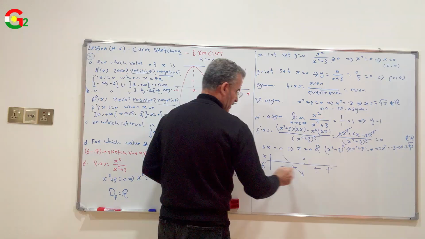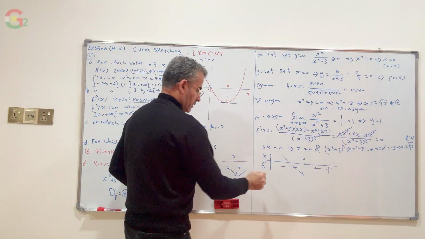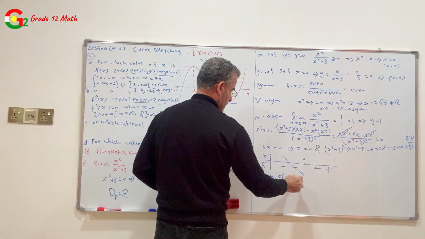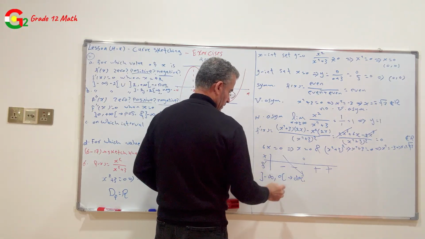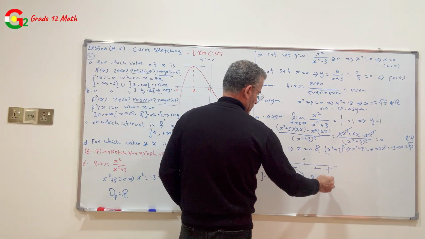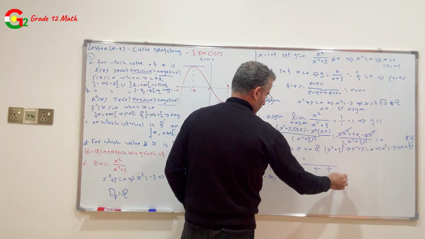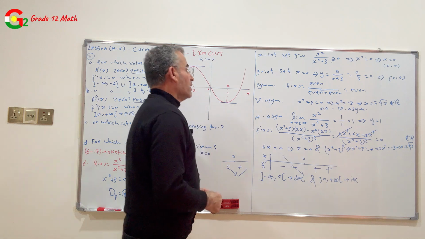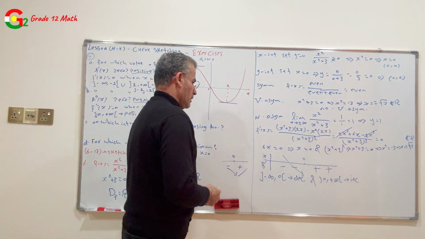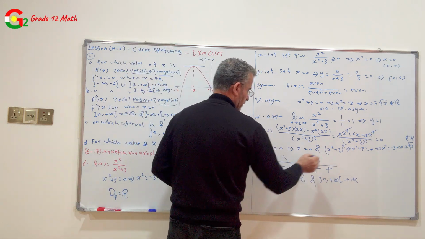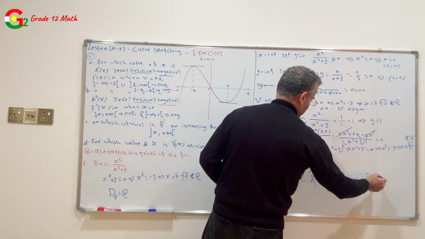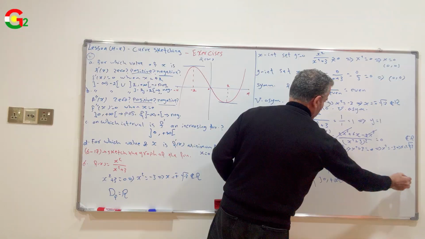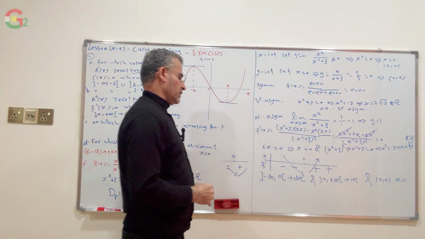Therefore, the function is decreasing from negative infinity to 0, and the function is increasing from 0 to positive infinity. And (0, 0) is the local minimum value for this function.